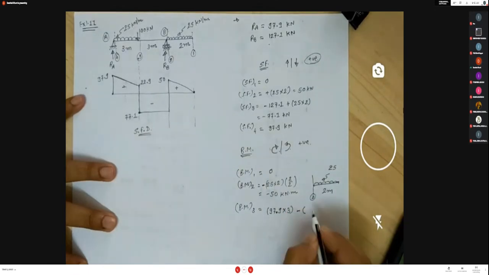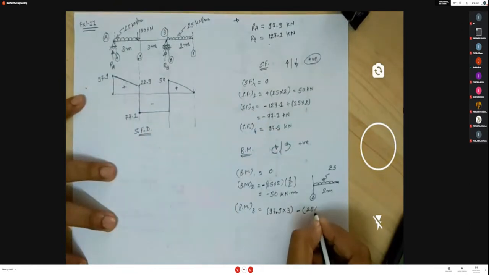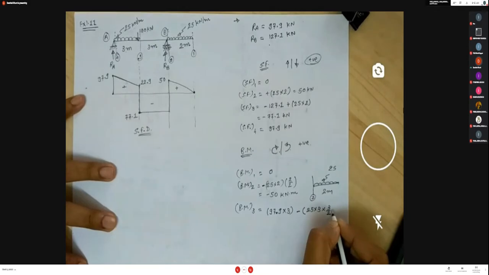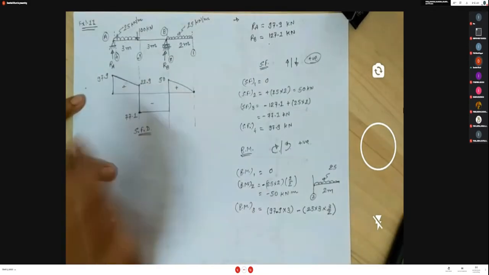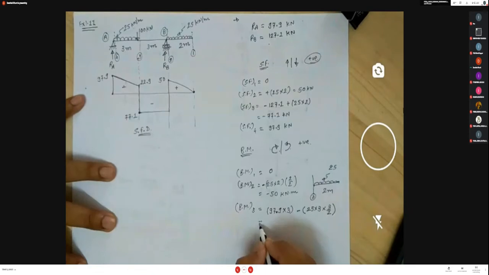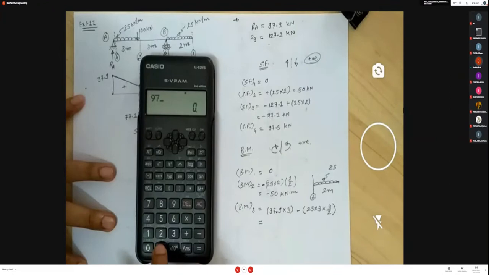So minus the moment of the loading, 25 into 3 into 3 by 2. That is the perpendicular distance from the section to the centroid of that loading. So 97.9 into 3 minus 25 into 3 into 1.5.